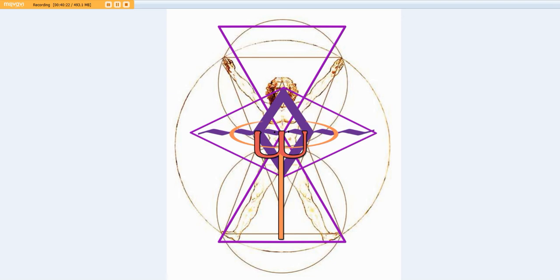Then you move it up to the high heart, which is in between, but you're probably going to feel a jump there. Then to the throat. Then to the third eye. And then to the crown. And that's where you hit the cap. You spin it there for a while, and then you bring it back down. And when you bring it back down, you're not going to be jumping. It's just going to go, and it's going to come down.